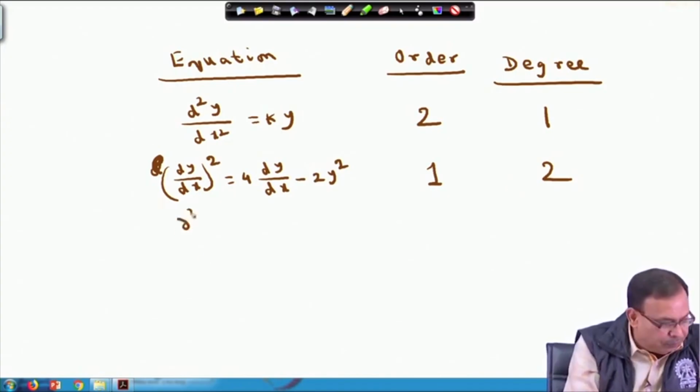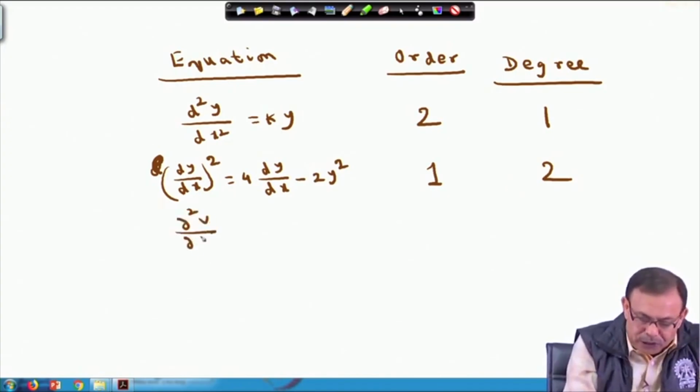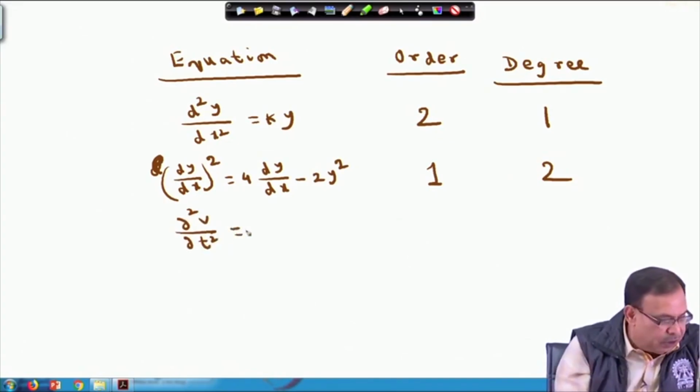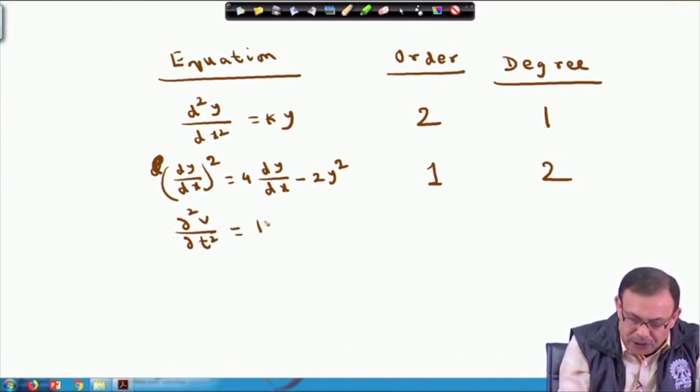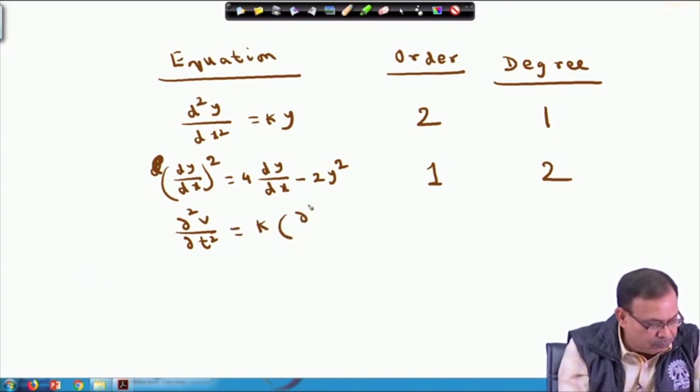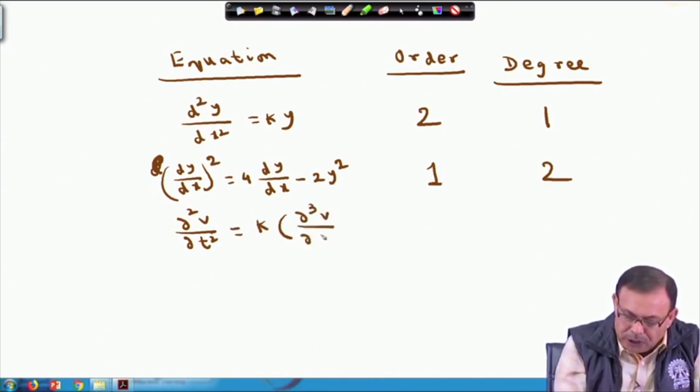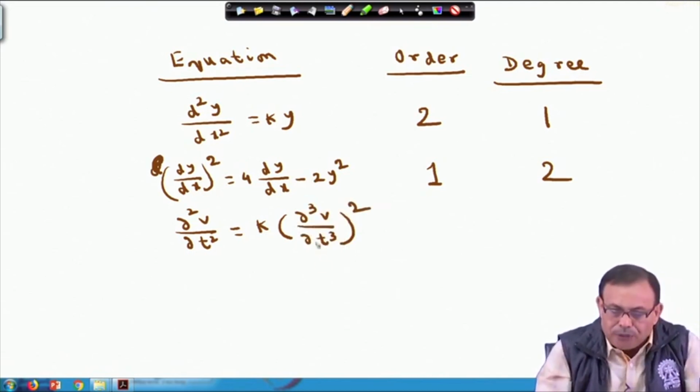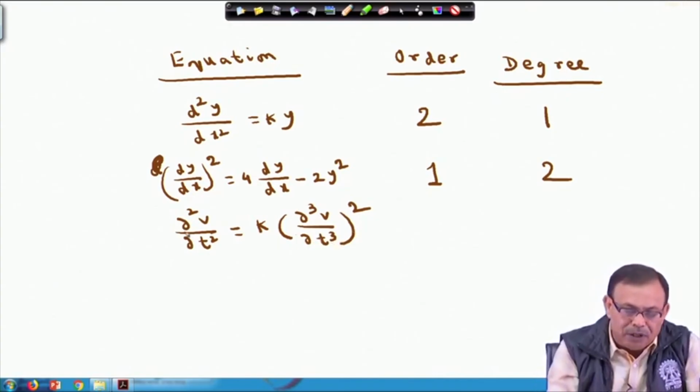You see this one, del 2v/del t square equals k into (del cube v/del t cube) whole square. So, here what is the highest order appearing, that is third order, because you have del 2v/del t square and you have del cube v/del t cube.